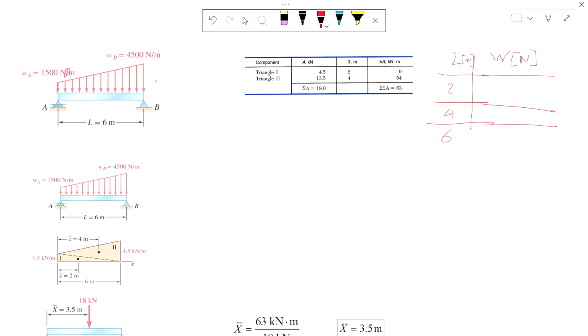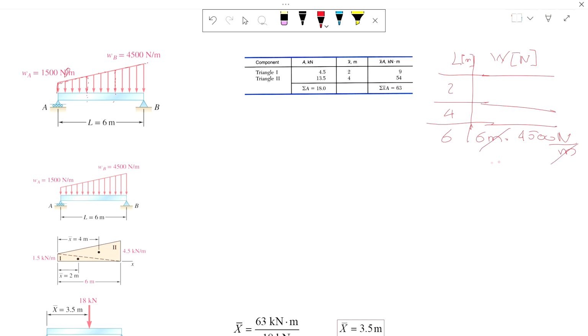You can say that at 2, well, it's not as easy as I wanted it because we have to find the slope right here. So let's say at 6. At 6, this force is 6 meters times 45 newtons per meter.